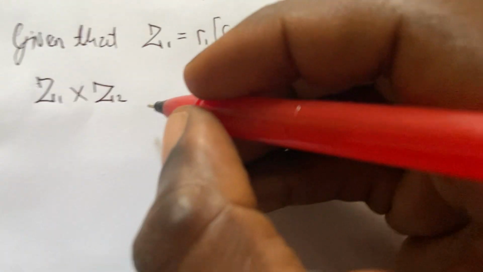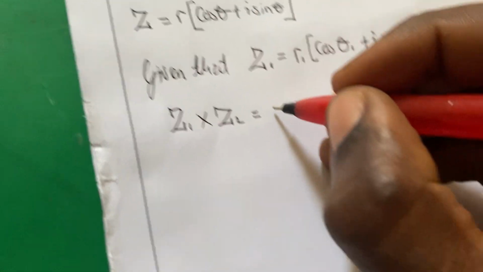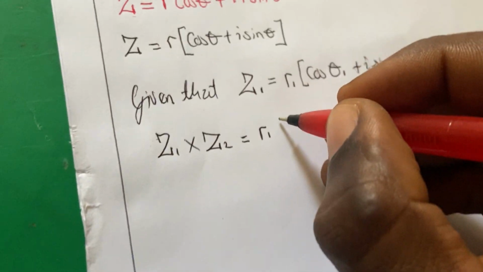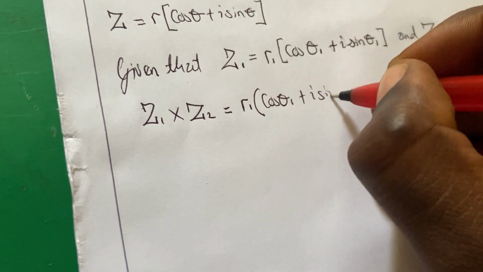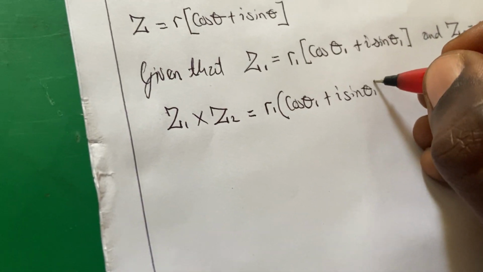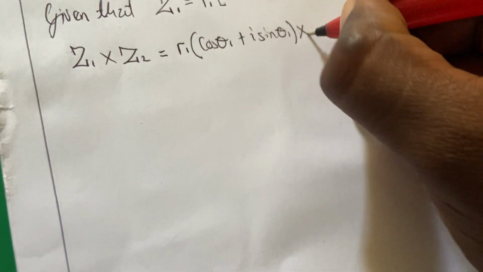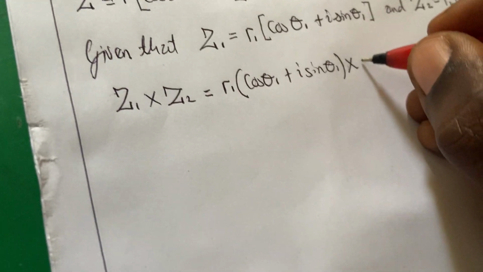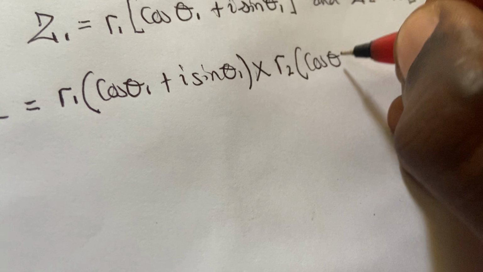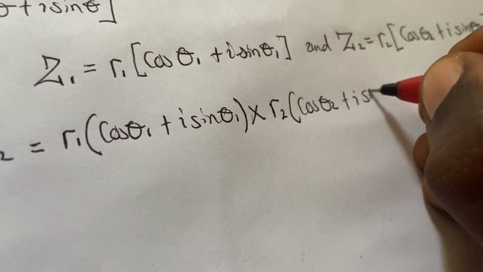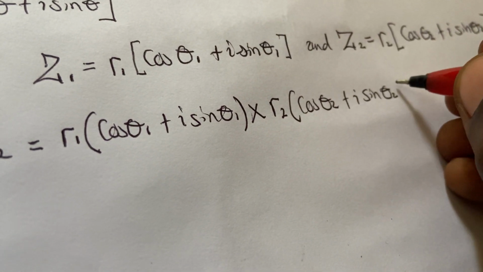So z1 times z2 will be r1 (cos theta 1 plus i sin theta 1) multiplied by r2 (cos theta 2 plus i sin theta 2).